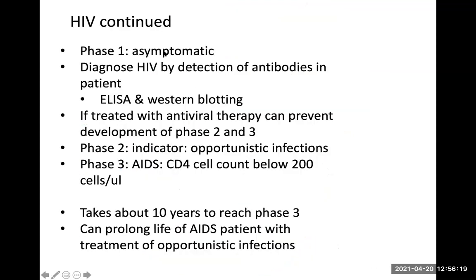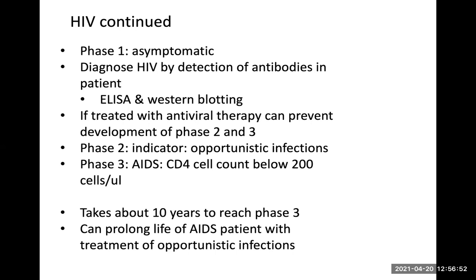And so phase 1, as I mentioned to you, has no symptoms. It's asymptomatic. People only know they're HIV positive when they receive a screening test, right? So regular testing is important to catch it early. HIV is diagnosed by looking for the presence of antibodies, so people will have to have been exposed at least 10 days prior.